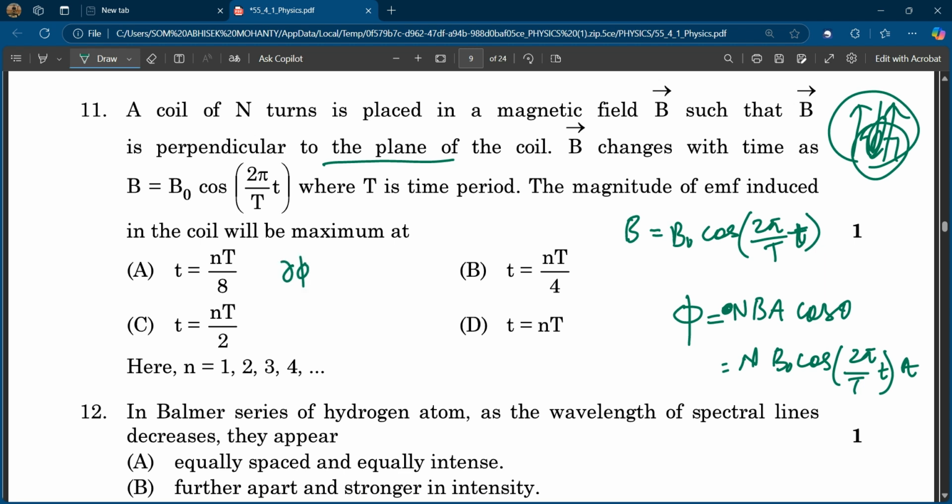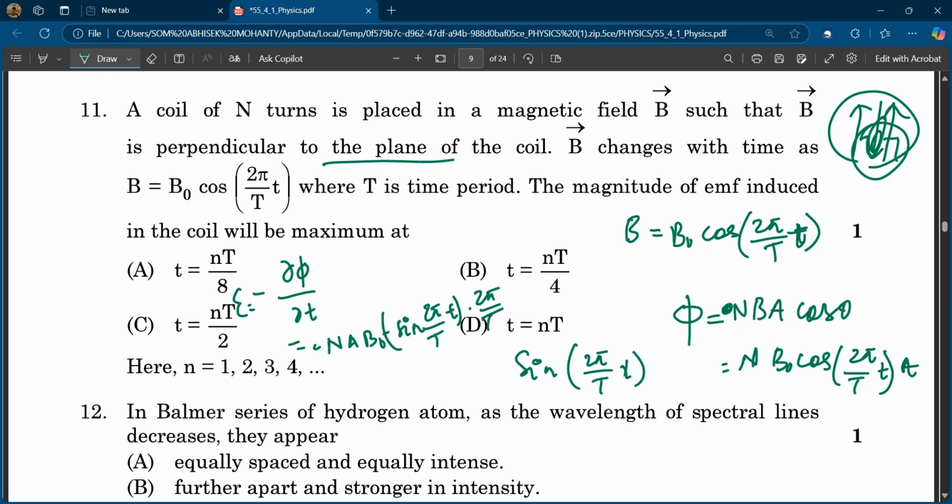EMF is equal to minus d phi by dt. So minus N A B naught into minus sine 2 pi by T into t, into 2 pi by T. All these are constant, so sine 2 pi by T into t is what counts.